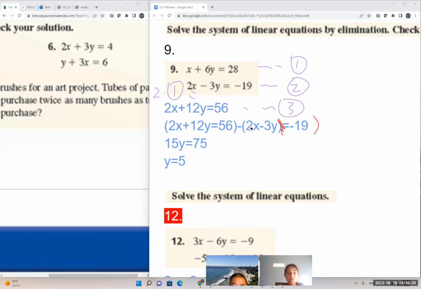Then you have 2x minus 2x. 12y minus negative 3y. Yeah, get 15y is correct. Then how about another side? 56 minus negative 19. Yeah. So when you get y equal to 5, then x equal to what?